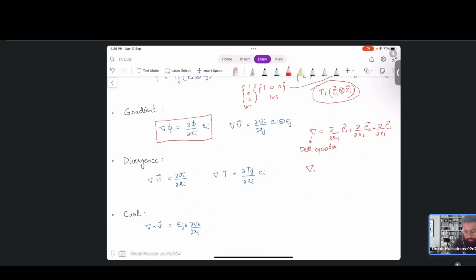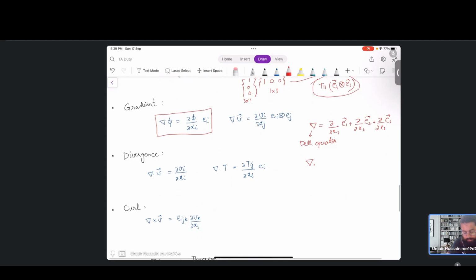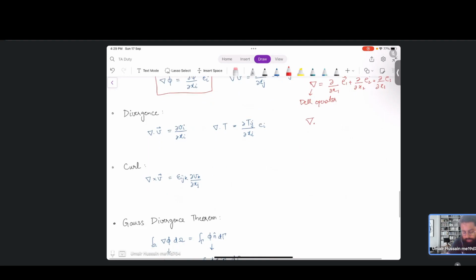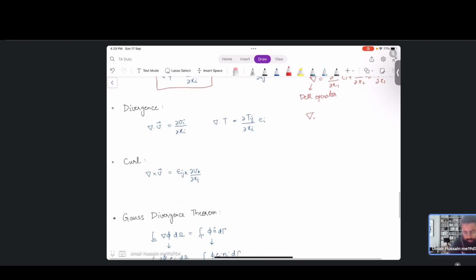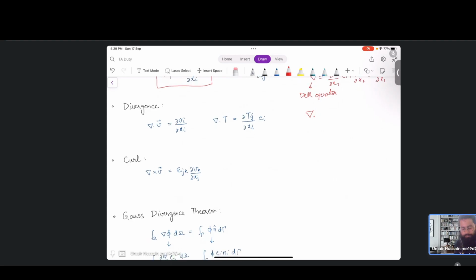So if we take the divergence of a vector, we get a scalar, and if we take the divergence of a second order tensor, we get a vector. Then we have curl. Curl basically maintains the order of the tensor, so we take the cross product with this del operator.